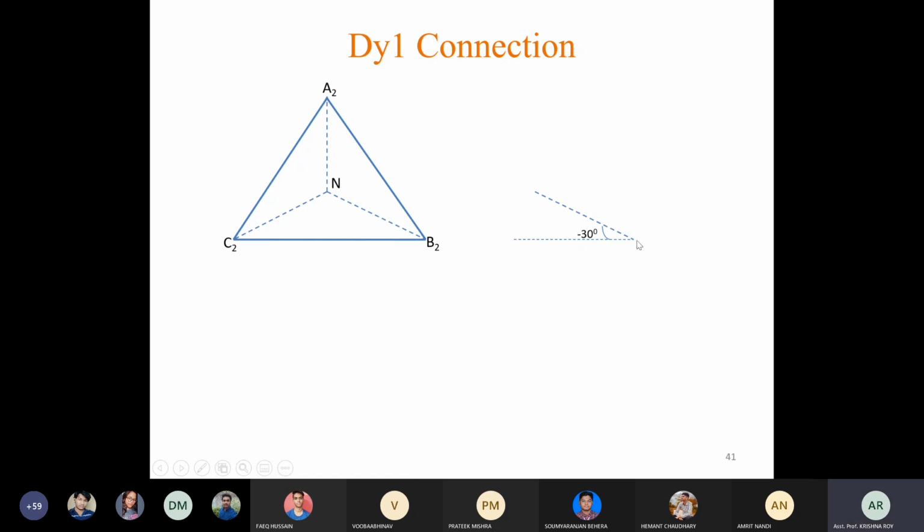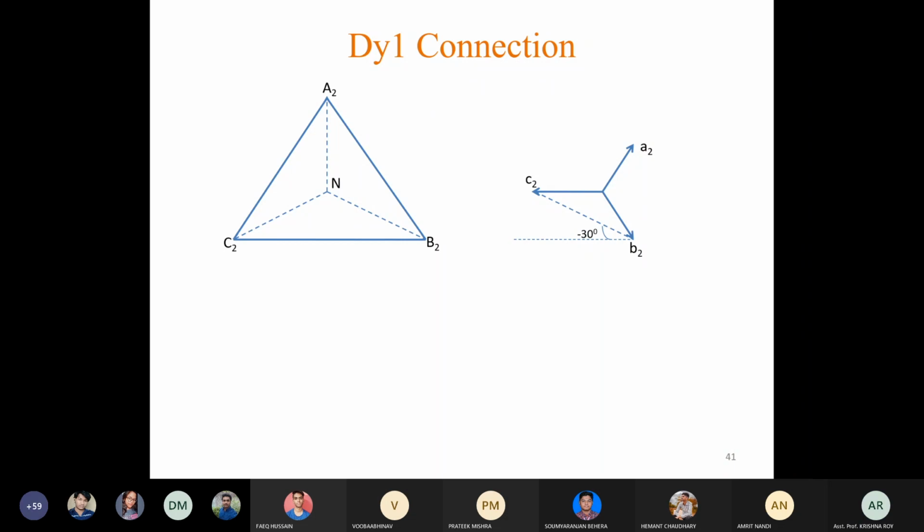This point is B2, this point is C2, so we can draw B2 here, C2 here, and A2 like this. So this is the secondary side or LV side Y connection, making an angle of 30 degrees with the line EMFs of the primary side.